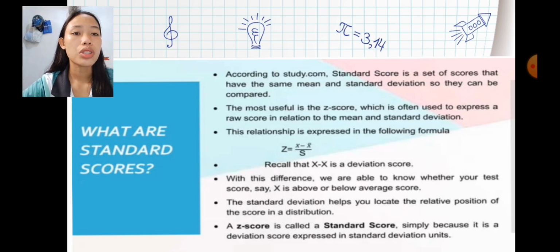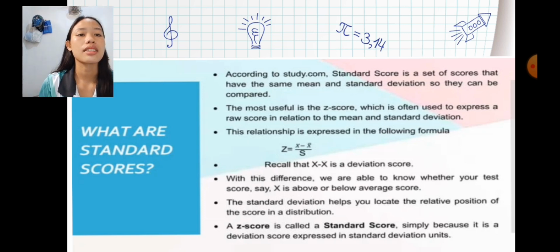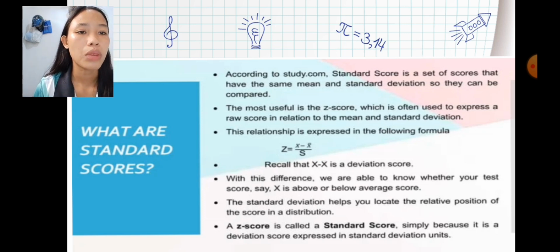The most useful is the z-score, which is often used to express a raw score in relation to the mean and standard deviation. This relationship is expressed in the following formula: z equals x minus x-bar over s.